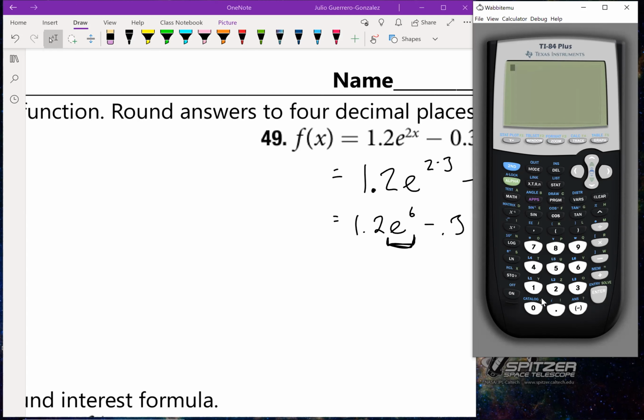So if you want that E button, you have to do second, then press E, then press LN, and that'll get you your E. And now you put the 6.